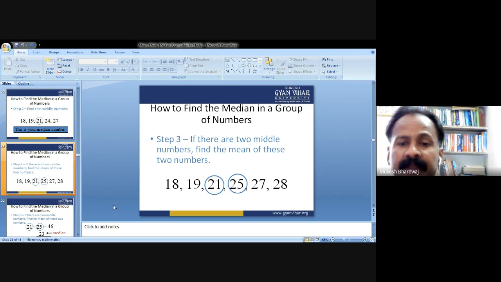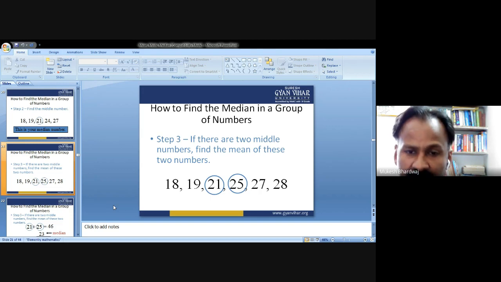So 18, 19, 21, 25, 27, 28. The numbers are arranged from lowest to highest, and 21 and 25 stand in the middle. So we cannot say that 21 and 25 are the median. Only a single number is the median. To find it, we add 21 plus 25 and divide by 2.